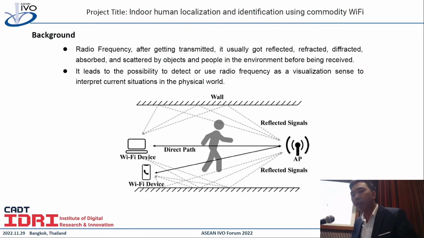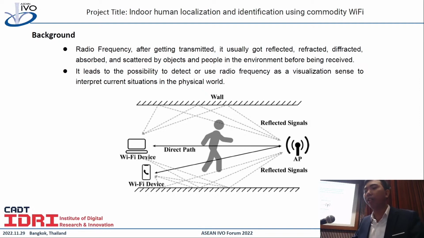So let me introduce some background on why this is possible and the background behind the idea of this project. Radio frequency is something we take for granted as it cannot be seen, obviously. However, although we cannot see it, it is around us every day.